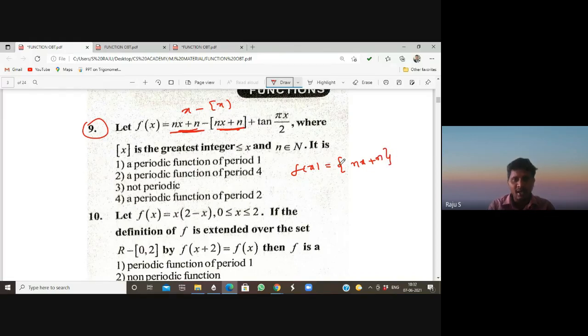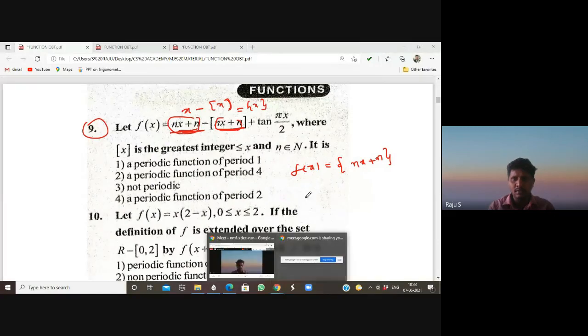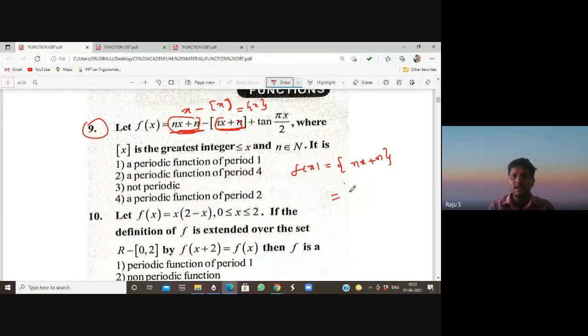Because x minus greatest integer of x is always the fractional part of x. Is that clear, student? In the same way, in place of x we have nx plus n. I have written greatest integer of nx plus n. So, can I take n common? Shall I write here n into x plus 1?